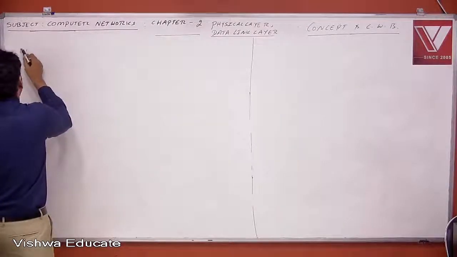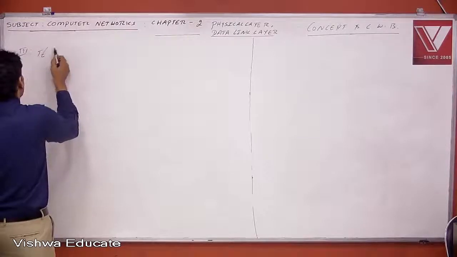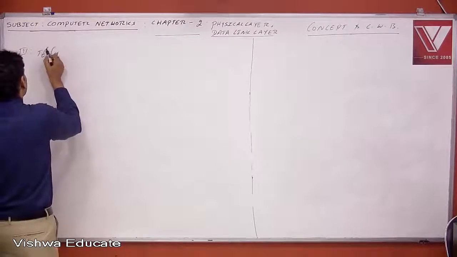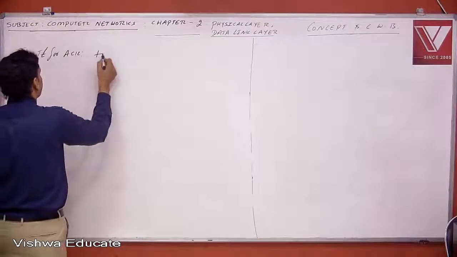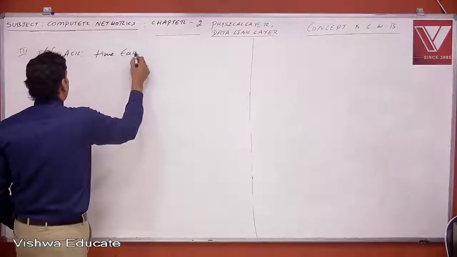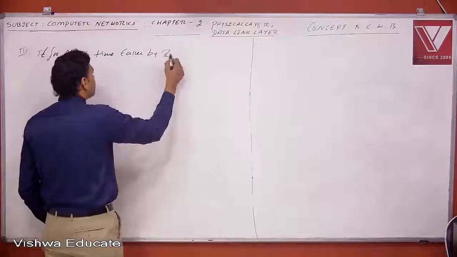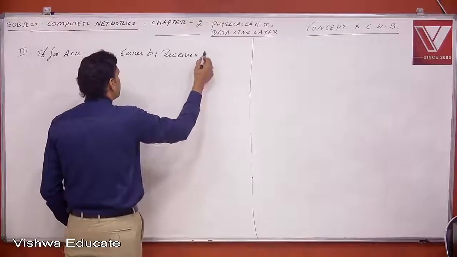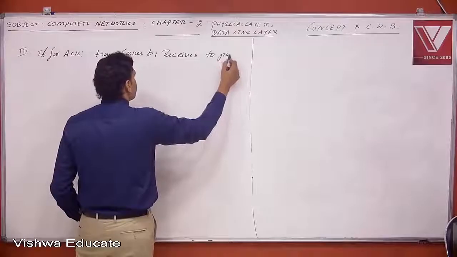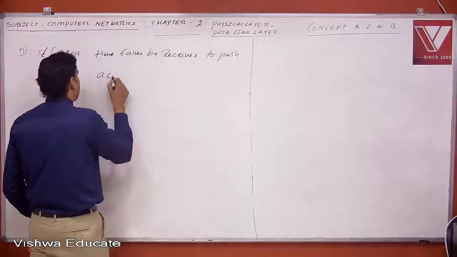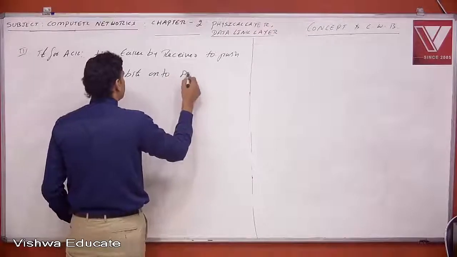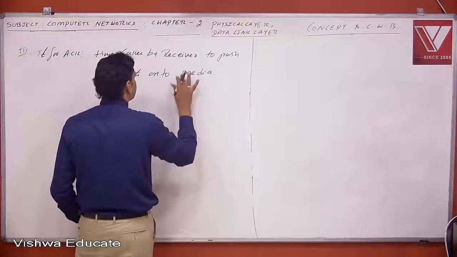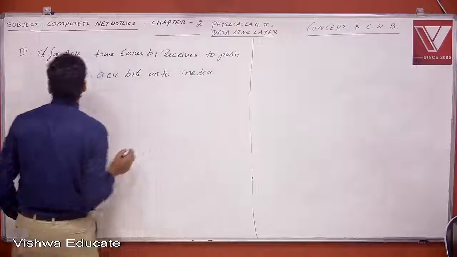So what is the third delay? The third delay is TT for acknowledgement. What is the meaning? Time taken by the receiver to push acknowledgement bits onto the media. Okay.